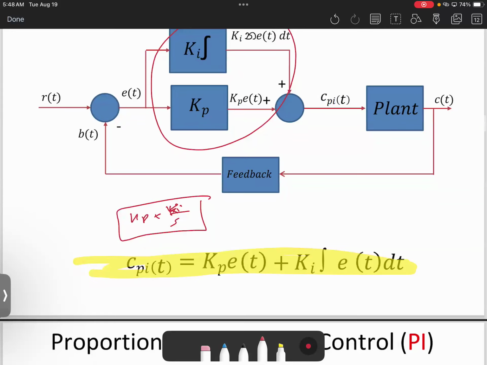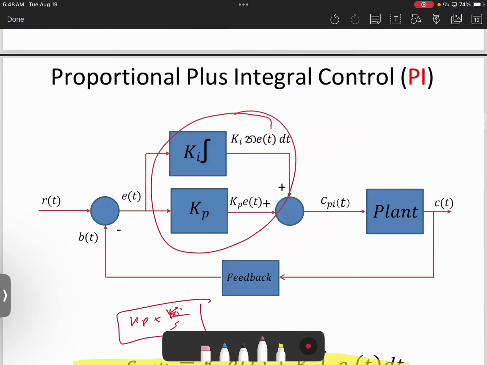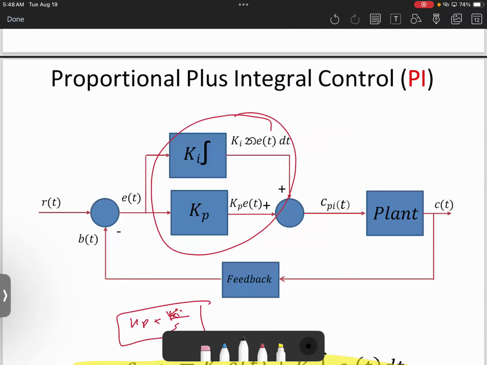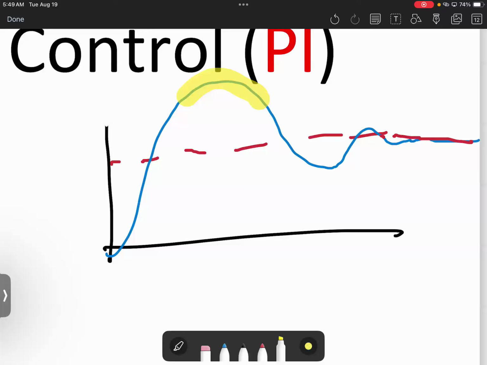The advantage of the PI controller is that it eliminates steady state error. When you have your desired value like this, the response is something similar to the underdamped case, like we did before. But there's a drawback, which is the overshoot.